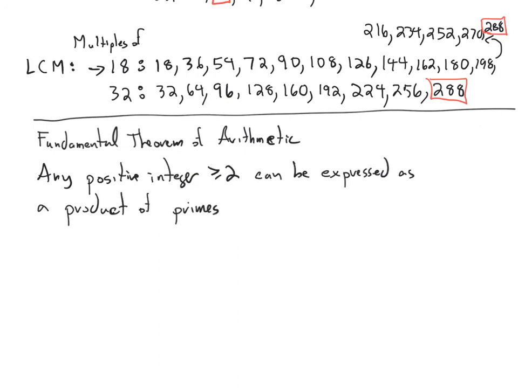That's kind of neat, but the other neat thing is that it's always unique. There's only one way to do it, up to order. You can rearrange the order of the primes, but multiplication is commutative anyway, so it doesn't really matter. So we'll just say up to order. And that is a very, very fundamental and cool fact. That's what we're working towards in these next two topics.